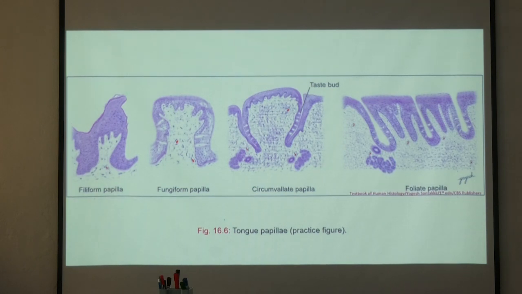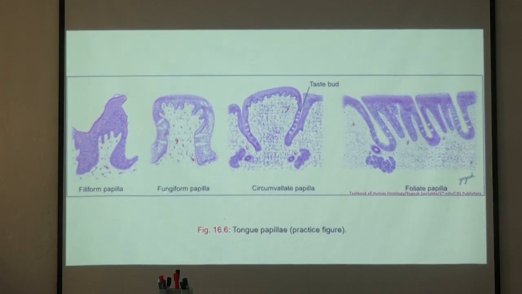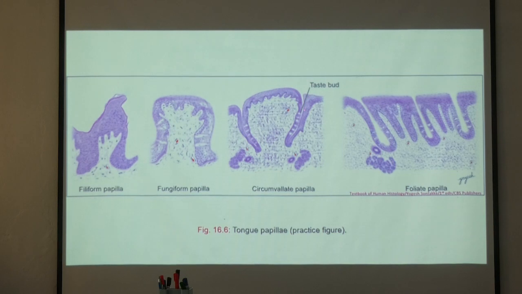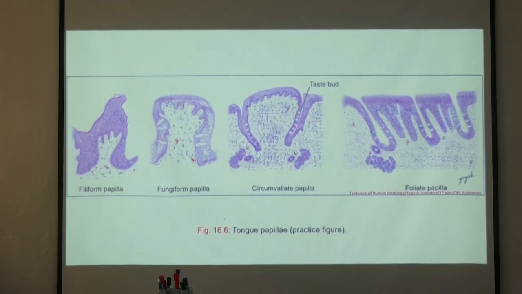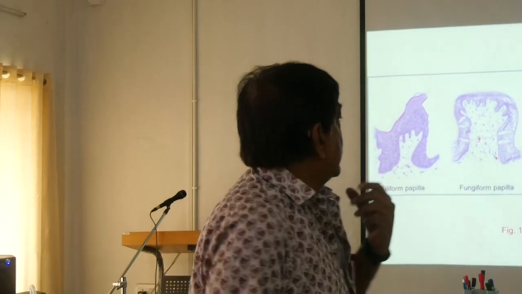Now, the histological filiform papillae is like this. Fungiform papillae is like this. Circumvallate papillae is this, and in between this side, the taste buds.